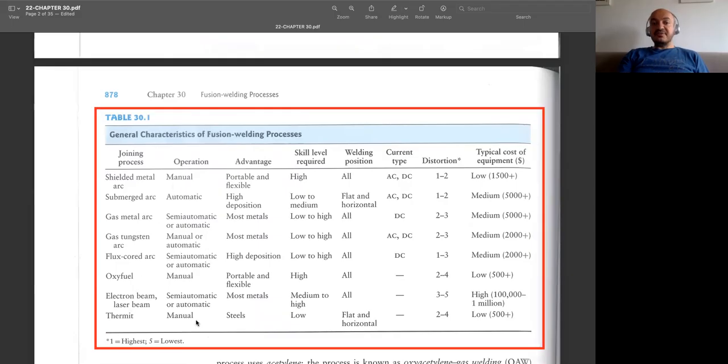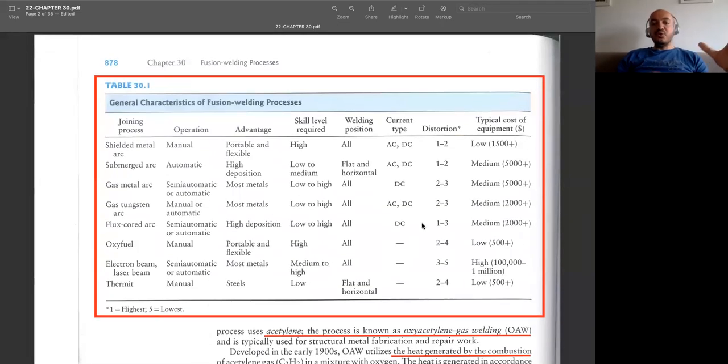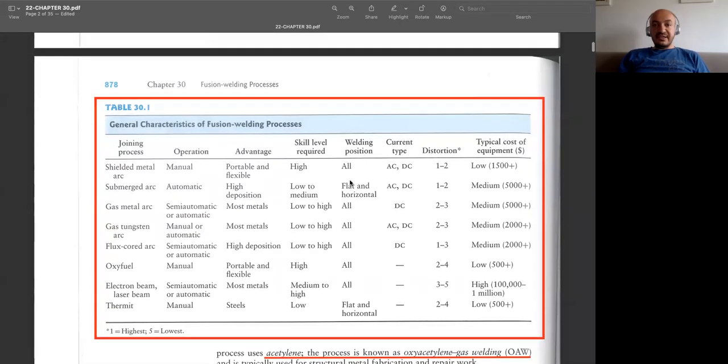It's stated whether they are done manually or in an automated manner, their principal advantages, whether they are quite difficult or easy to do, and some other issues about current types, if they are using arc type of heat supply, whether we are going to have any distortion on the resulting surfaces, and their typical cost. So once this chapter is over, again, if you want to compare all these different welding processes, that table is a nice one.